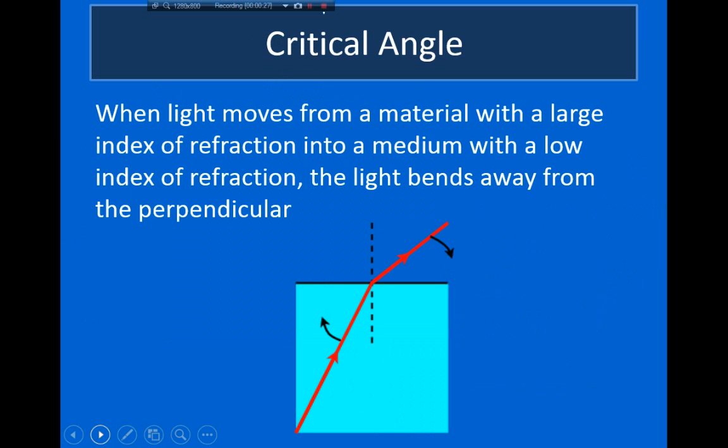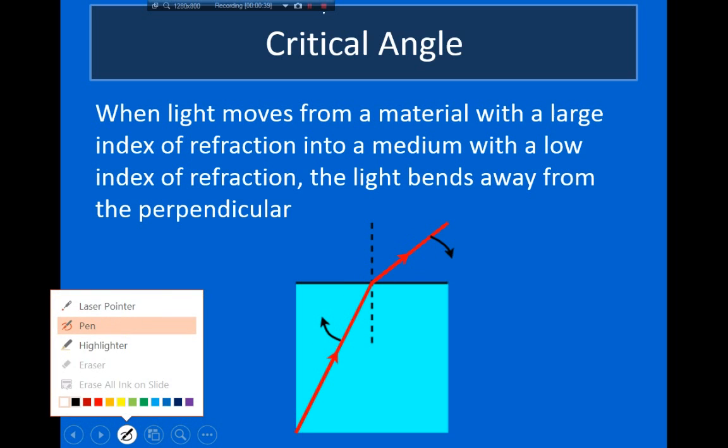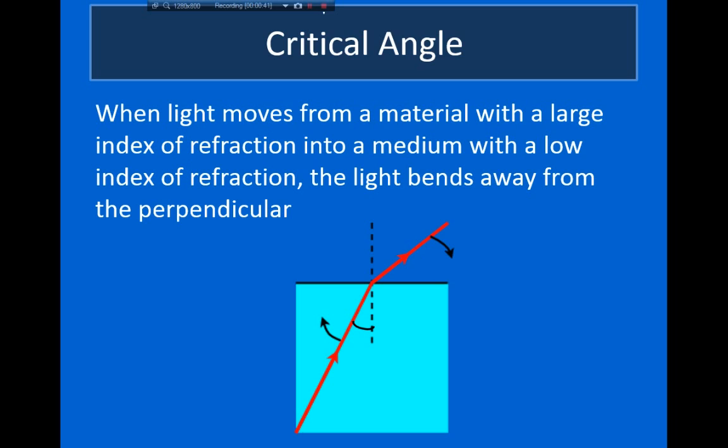In fact, anytime light travels from a material with a higher index of refraction into a material with a lower index of refraction, the beam of light is going to bend away from the perpendicular. And what this means is that my angle of transmittance is always going to be greater than my angle of incidence. So if I keep rotating this beam to increase my angle of incidence, eventually my transmitted angle is going to be equal to 90 degrees.